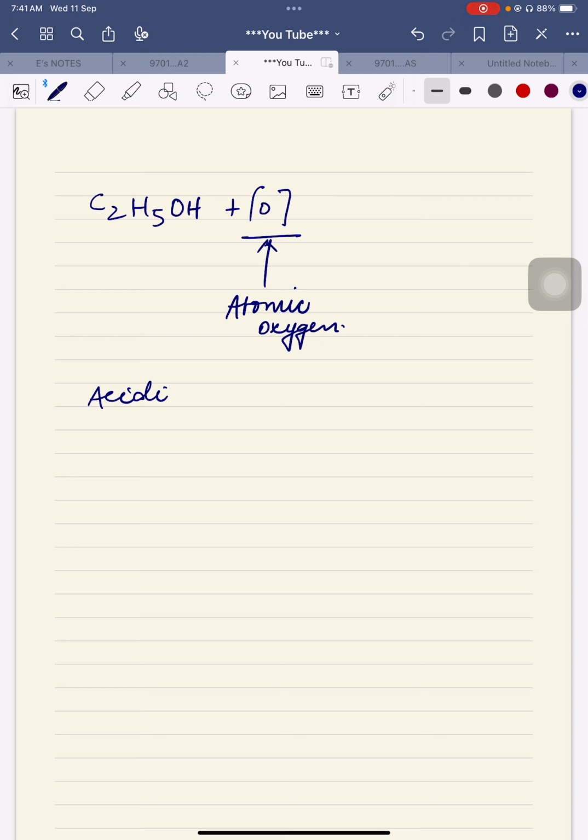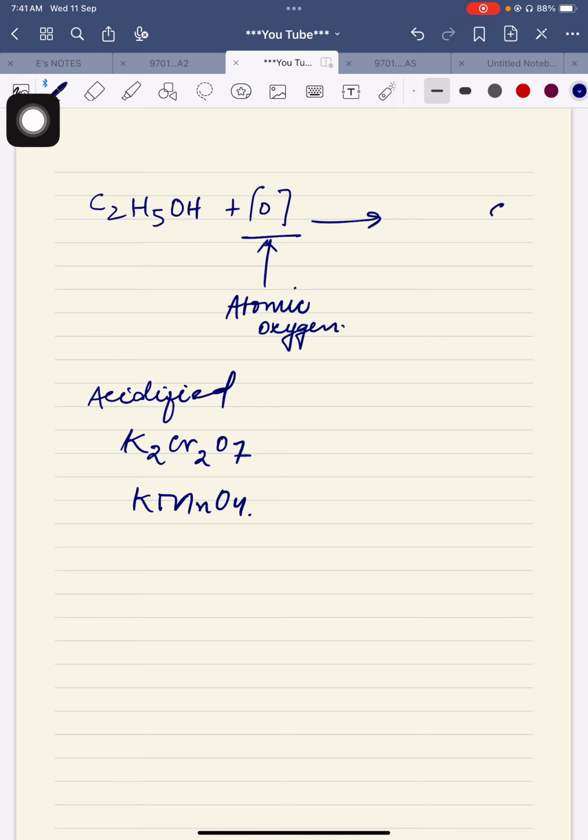So these oxidizing agents are producing this atomic oxygen. Now, guys, what will be the product? As this is ethyl alcohol, it is going to produce ethanoic acid.